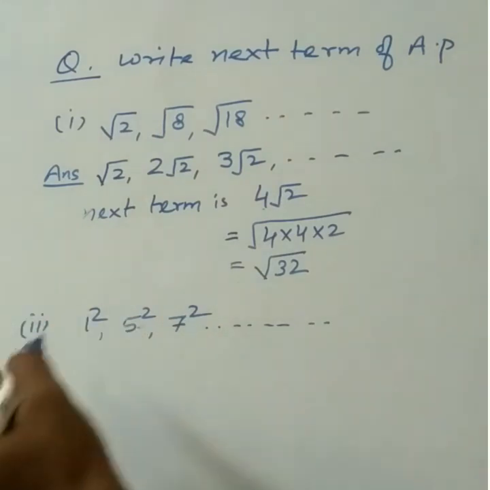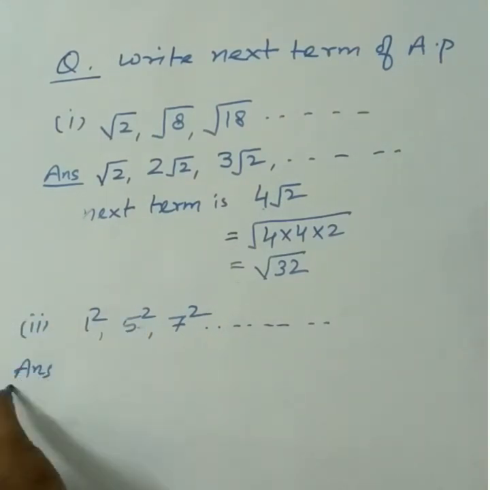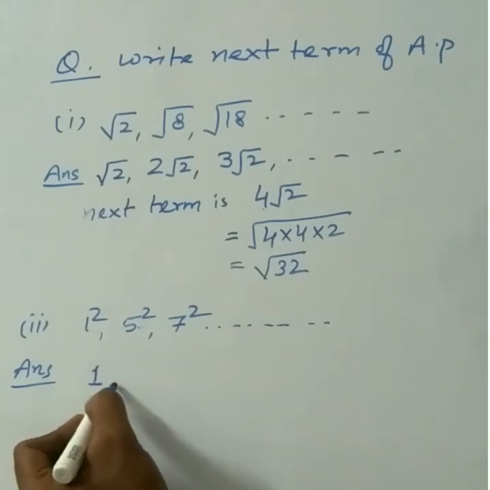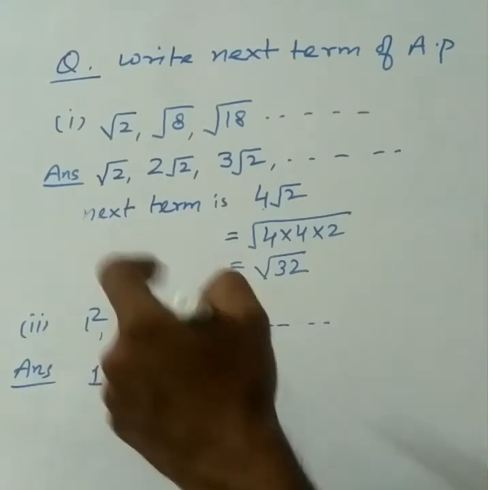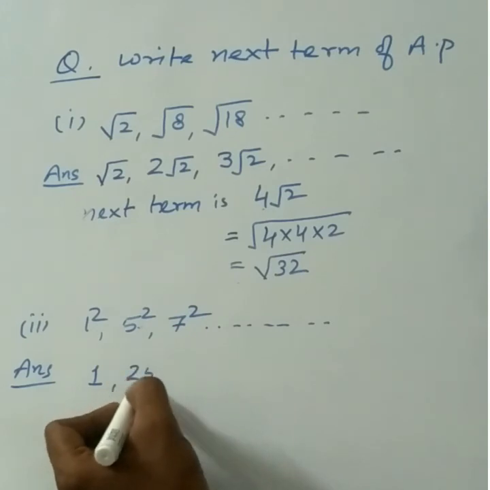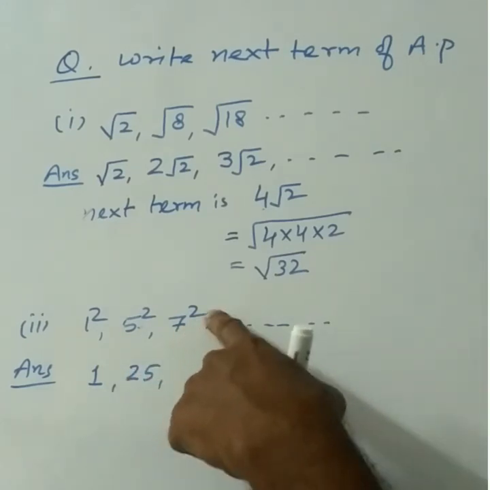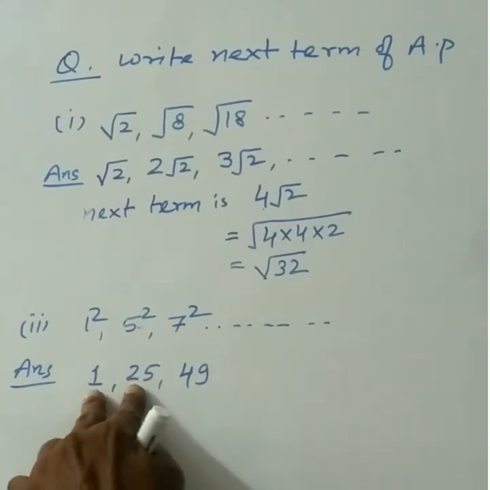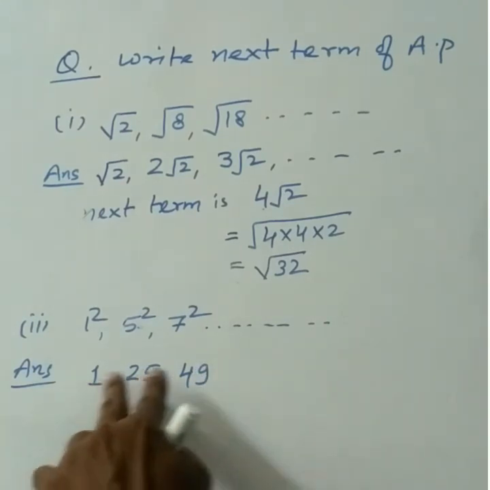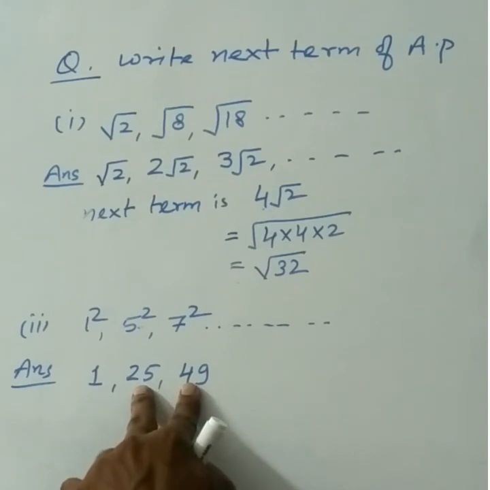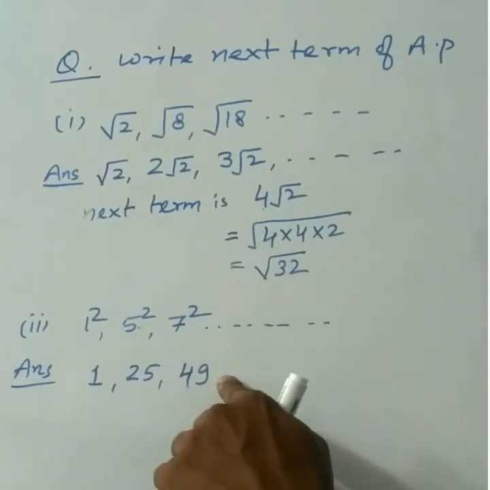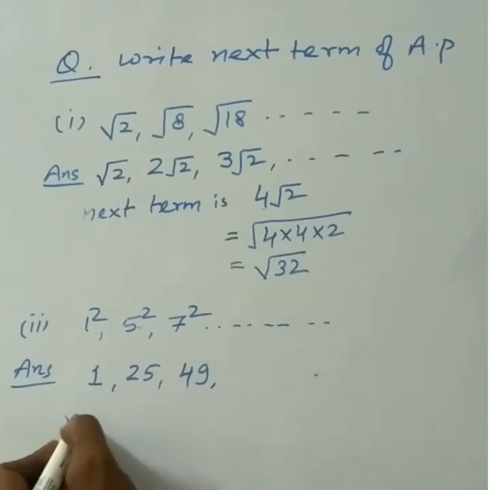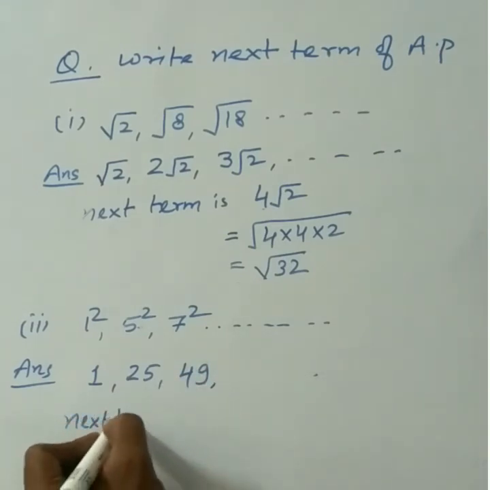Now in this one, first term is 1 square, that will be 1. Second term is 5 square, that is 25. 7 square, that is 49. Here we have a difference of 24, and here also we have a difference of 24. So the next term will also be with a difference of 24.